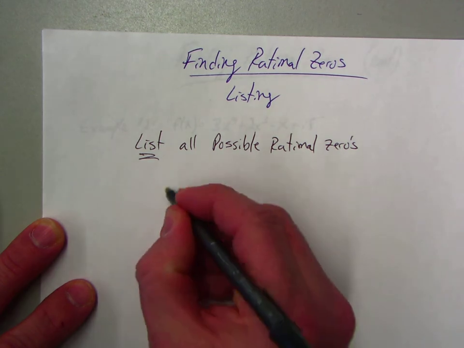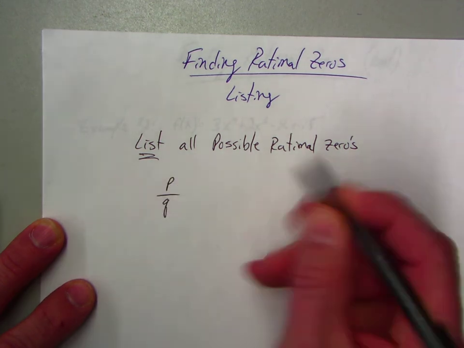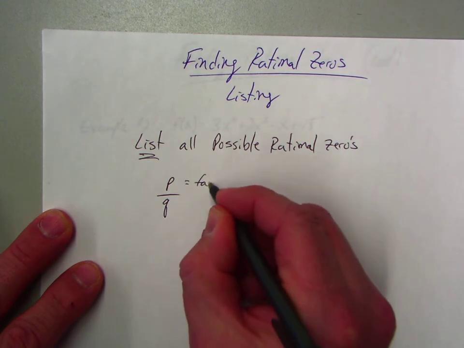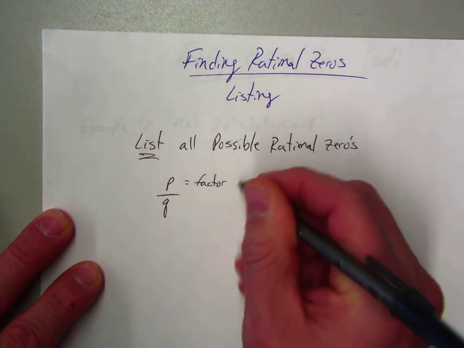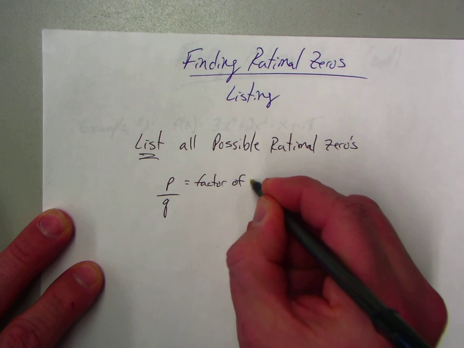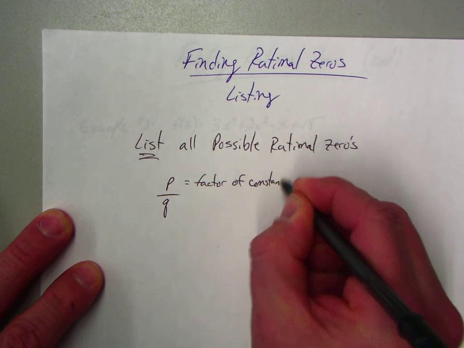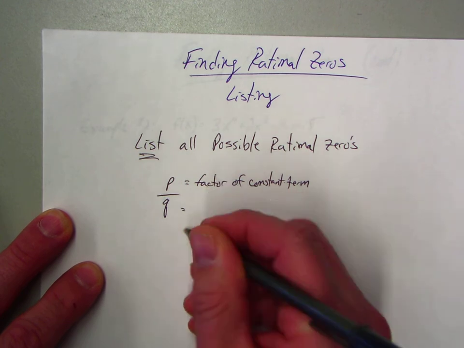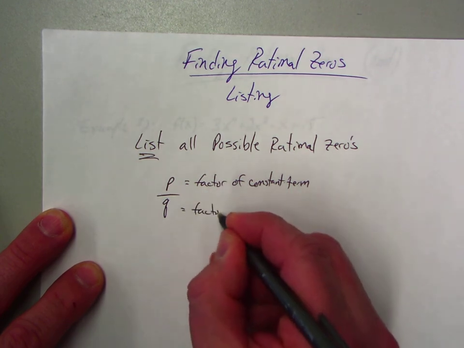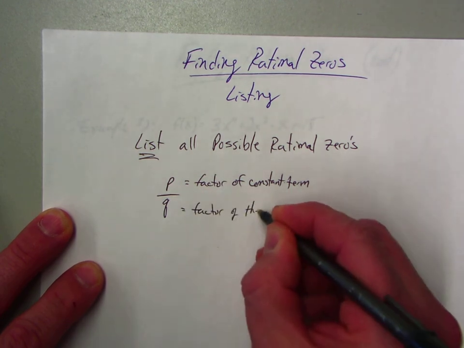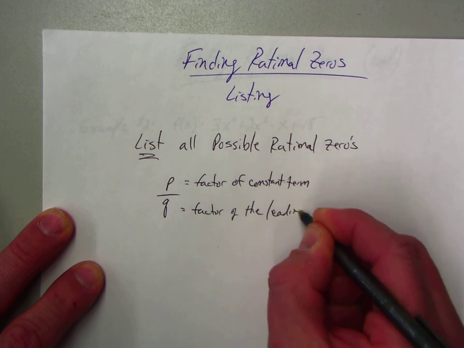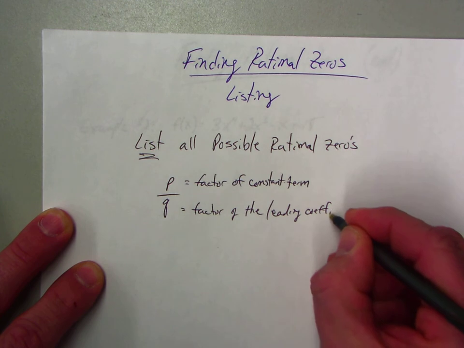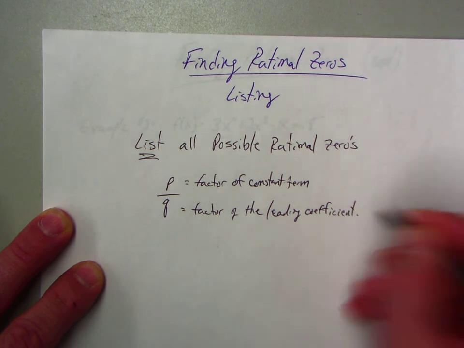To list them all, I use the P over Q method, where P represents the factor of the constant term and Q represents the factor of the leading coefficient.